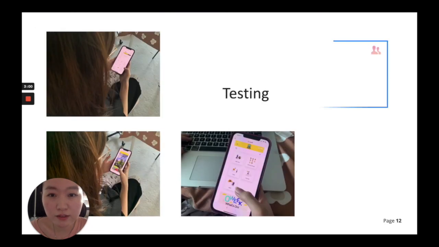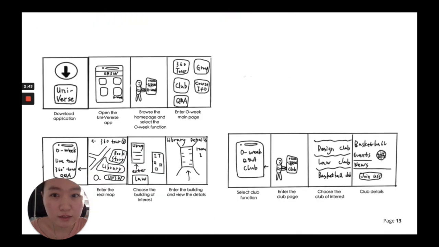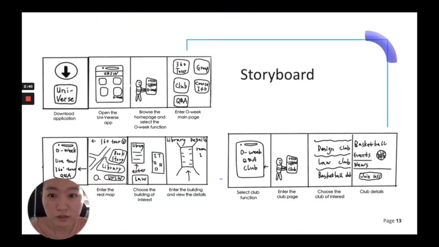The next part is the testing part. I find the students who study in the UNSW and they can enjoy this function about the prototype. And this is storyboard.